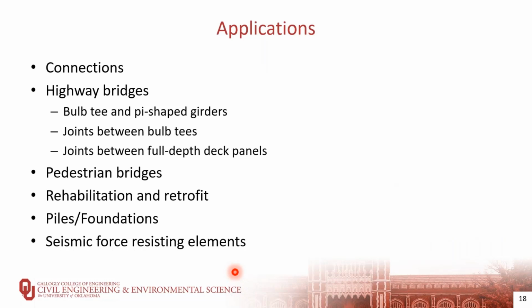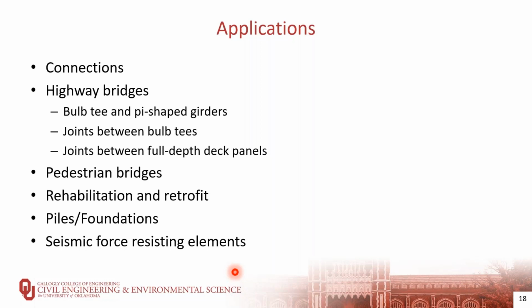There have been a lot of applications for UHPC, again, being that this center focuses on bridges. A lot of the work that's been done here has related to bridges. There are a lot of places where UHPC can be used for connections, joints between bulb tees, joints between full depth deck panels is very common. Full-scale girders have been done in a few places, including bulb tee and pie-shaped girders.